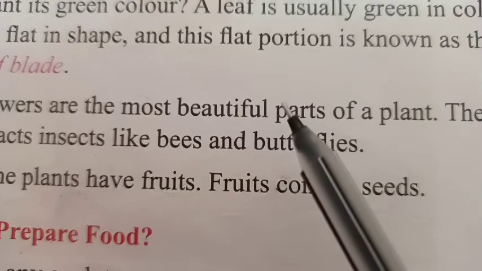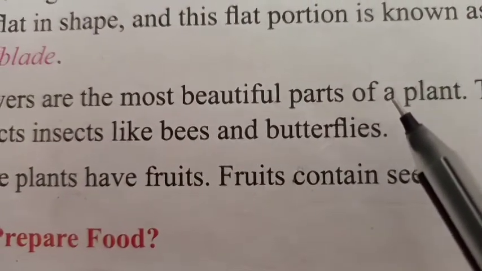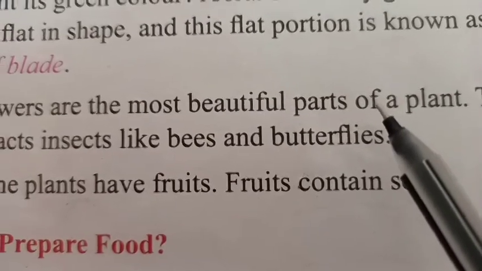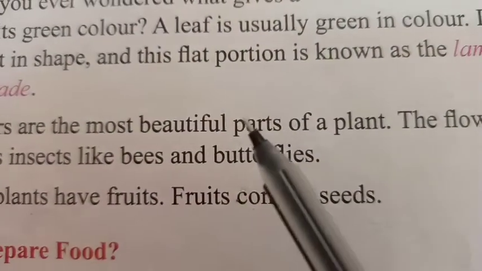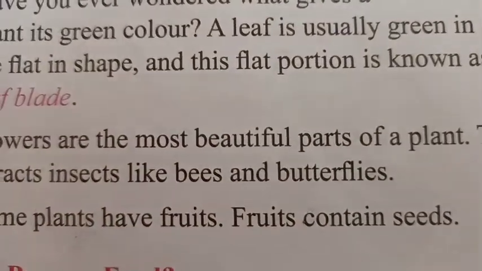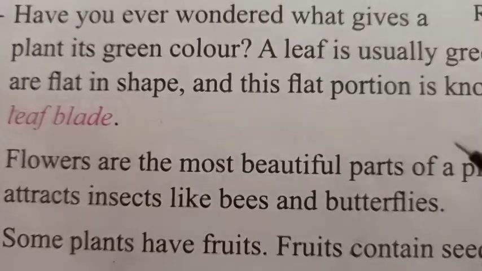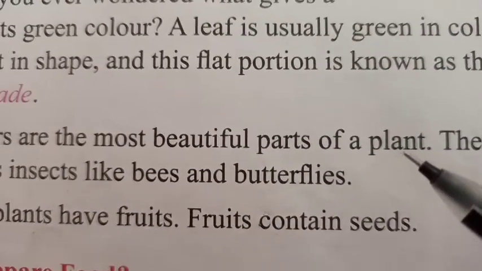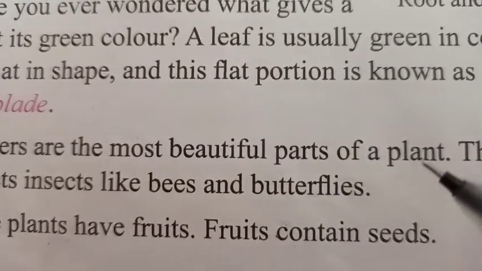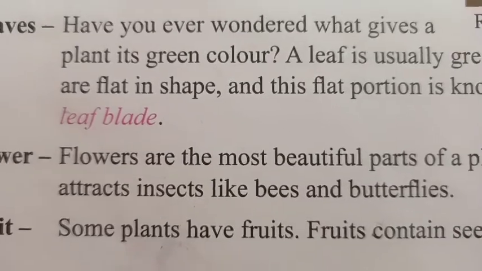Because of some beautiful flowers, plants also look so attractive. Because of their beautiful flowers only, we grow some of the plants, the decorative plants which we grow in our home, just like rose or dahlia. Because of these flowers we grow these plants, even marigold.